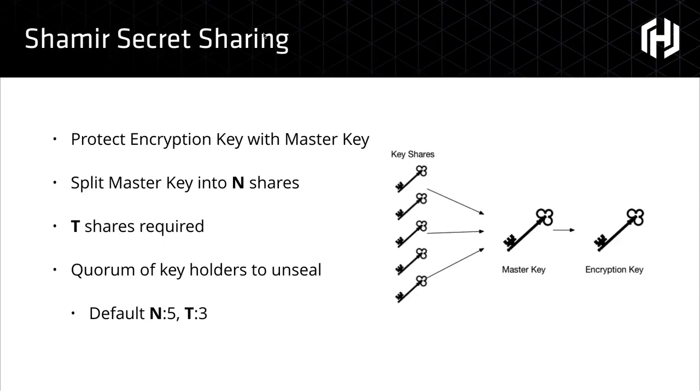How this actually works is, there is the encryption key, which protects data at rest. There is the master key, which itself protects the encryption key. And then this master key gets split into n different pieces. So we have n different shares, t of which are required to recombine into that master key. The default is that we'll generate 5 shares, 3 of which are required to recombine into the master key.